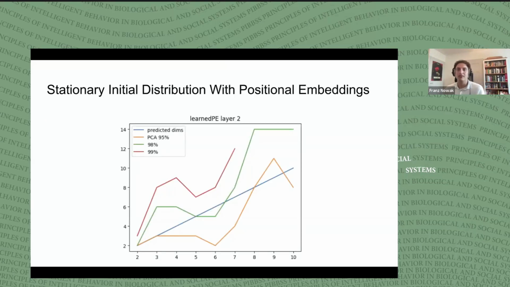And as we can see, if we use learned position embeddings, suddenly we need a lot of dimensions in order to model this. So even for 6 or 7 nesting depth, we already need more dimensions than we have states in the ideal finite state machine.